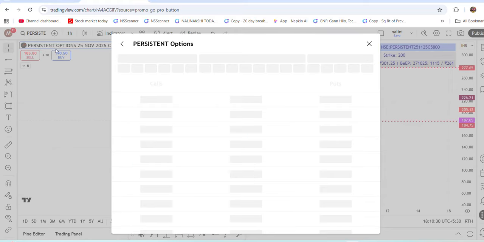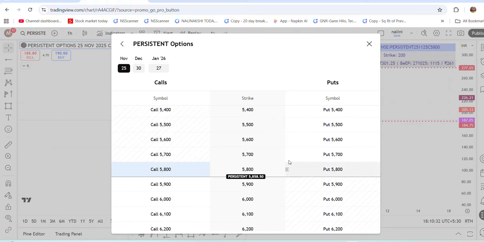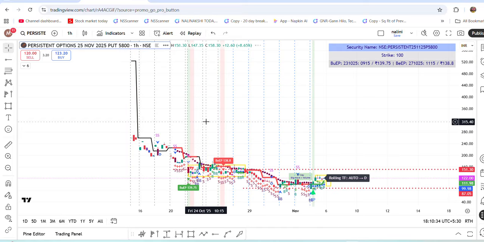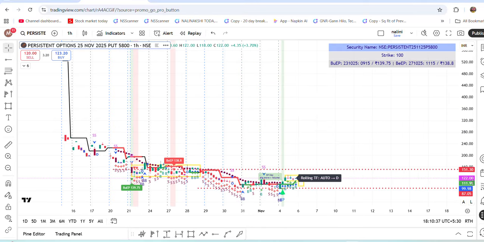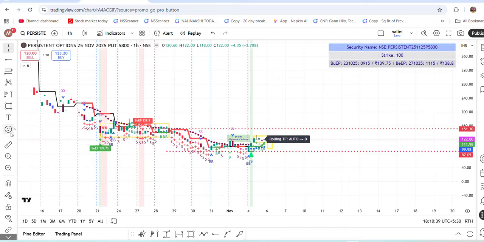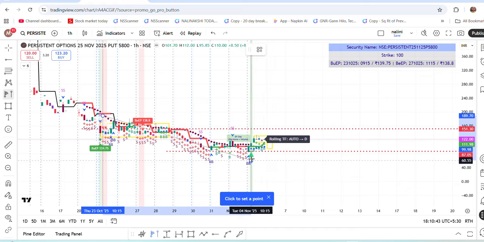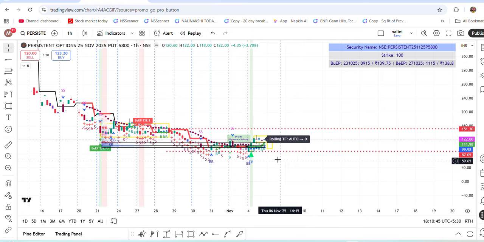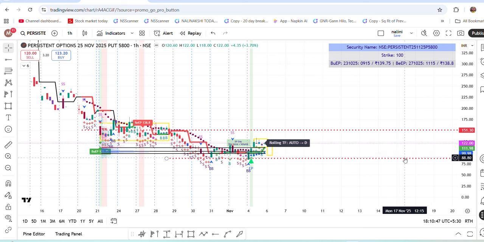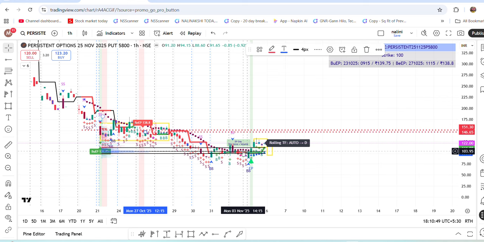Let me go back to the 5,800 call option. Let me check whether the point of control is there in the market. Let me apply it from here. Here, the price has moved above the point of control, POC. So 105 is your reference point, the POC. You can consider it and keep a watch there.